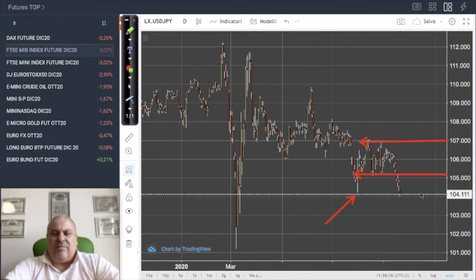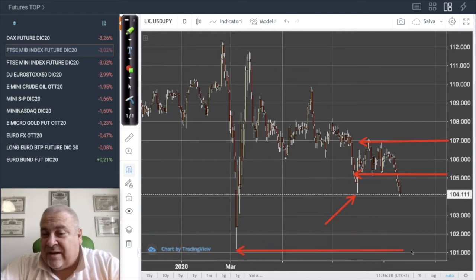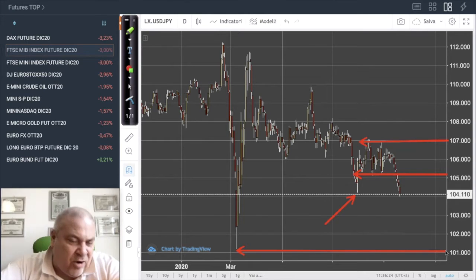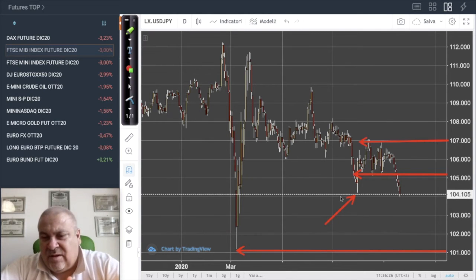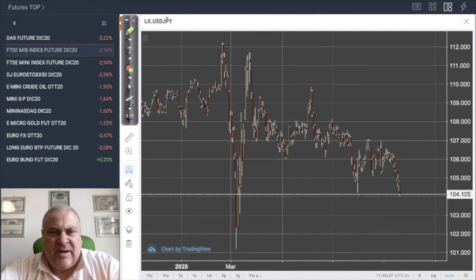So the market is around this one. In case of violation of this one, we can go back to this main support that we have here, the COVID support. But let's see what is going to happen around this level that is the present support for the moment. It's really interesting what is happening with the Japanese yen, in my opinion.